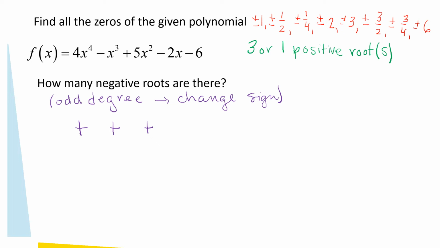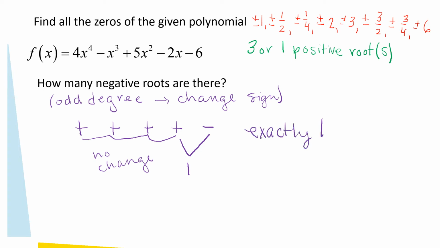Negative 2x is an odd degree, so we're going to change the negative to a positive. And negative 6, we're going to keep as negative. So then we're going to look for the sign changes. We've got positive to positive to positive, no change here. Then we go positive to negative, we have 1 change. Since it only changes once, we can say this has exactly 1 negative root.